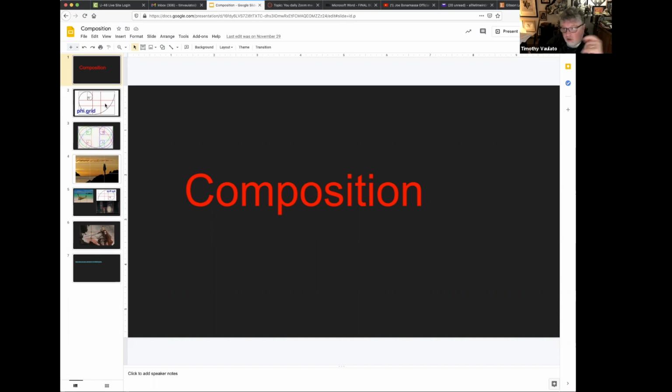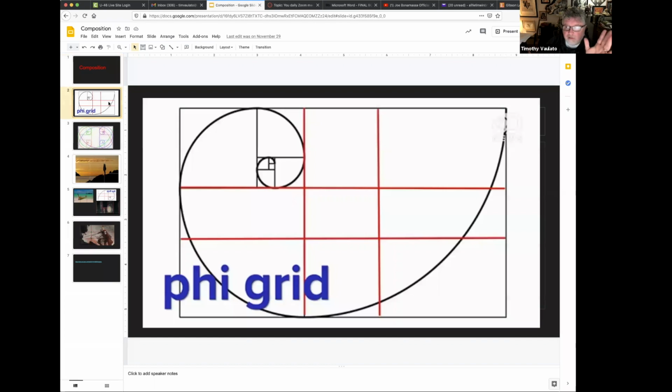Now, the ancient artists, those old guys from long ago, had a rule called the golden ratio. Essentially, you broke down your paper into a perfect square, which you see right here, and then you curved from the upper right to the lower left, and then you broke what was left over into a square, and you continued that pathway, lower right to upper left.